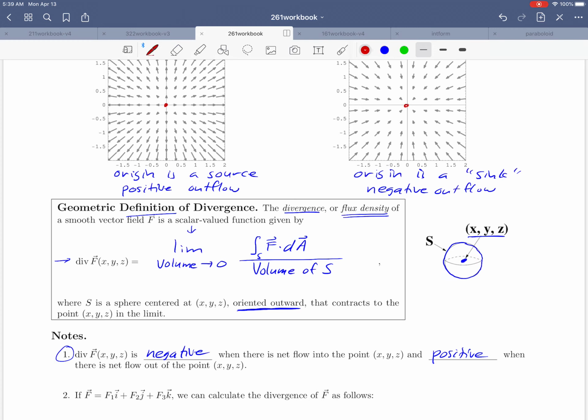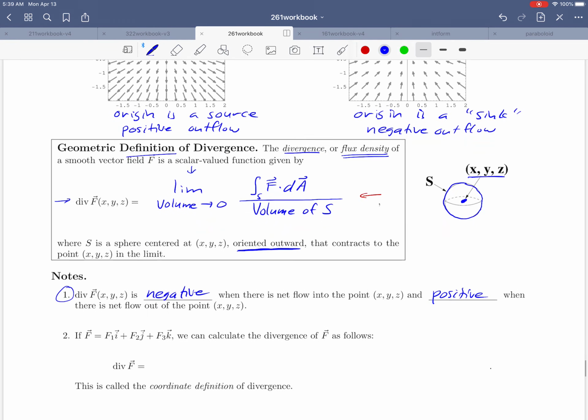Another comment is that the definition we wrote above is a nice way of picturing what's going on with divergence, but it's not a very practical way to calculate it. There's an equivalent way of thinking about divergence that's easier when we're doing calculations. That's what note number 2 is about.